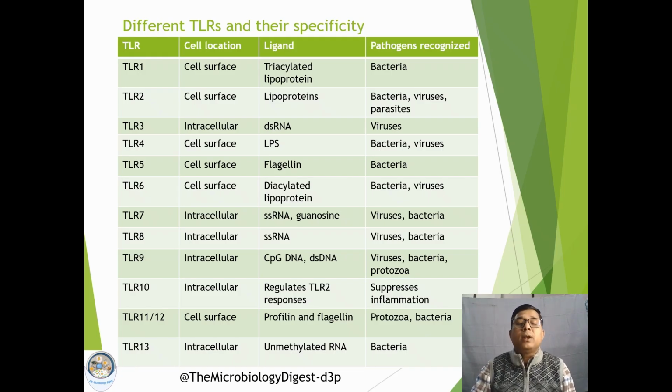Now this is the table showing the TLRs identified so far, their location, and the ligand to which they bind. Most of the TLRs are present in many of the microbial organisms. TLR 1, 2, 3, 4, 5 up to 13 have been identified, and they have specific ligands to which they bind, and they help in mounting the innate immune response.